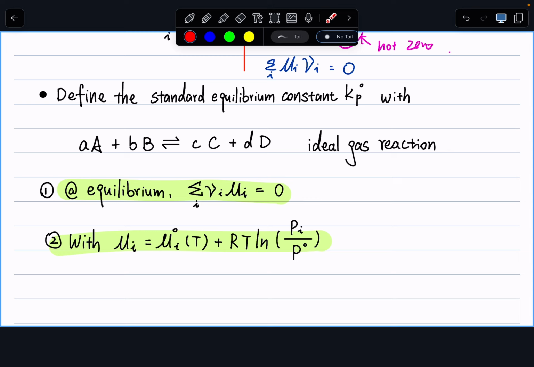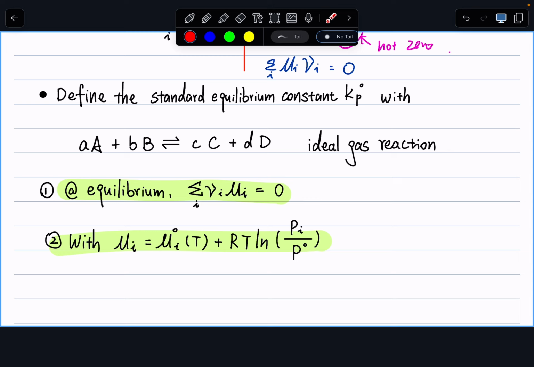Or if I have ln x plus ln y, that's effectively the same as ln xy. Or if I have ln x minus ln y, that's the same as ln x over y.